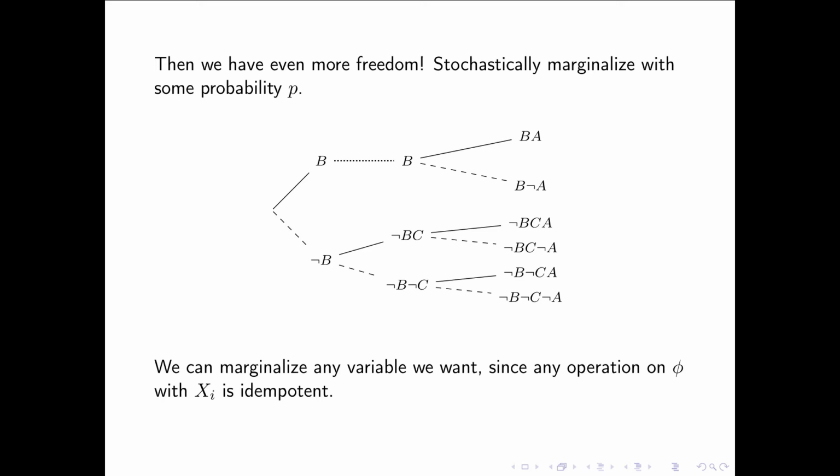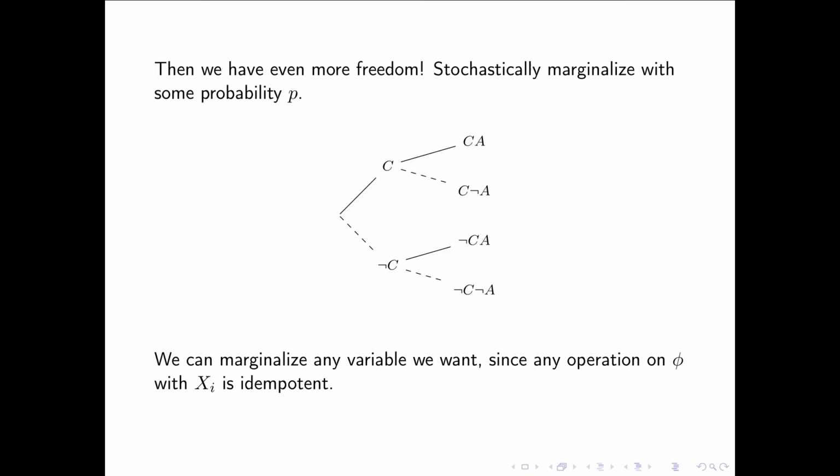So we might want to sample different kinds of primes. So here, for instance, we have our expansion as before, but we could also have the expansion where we marginalize B, and then we have C and not C, and then we have these primes which are in fact mutually exclusive and exhaustive and obey the V tree, but they marginalize B.